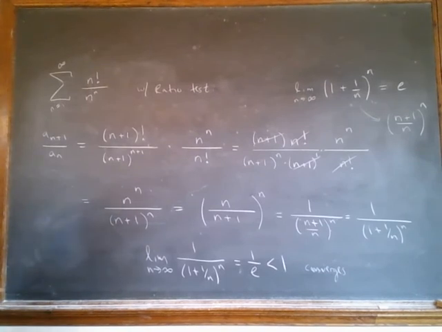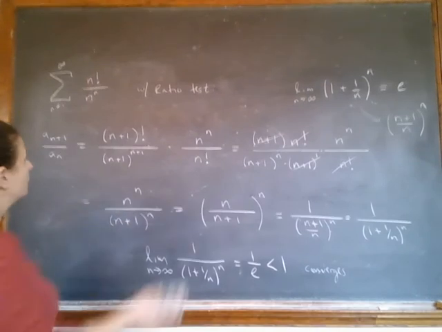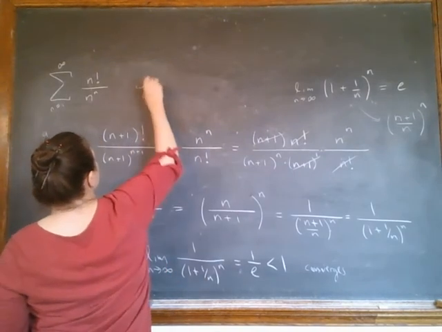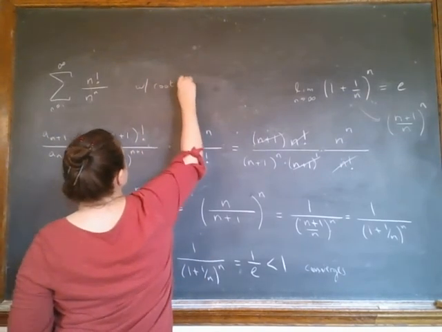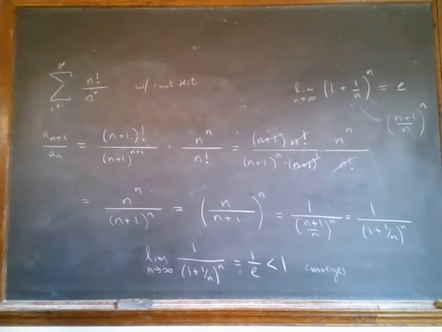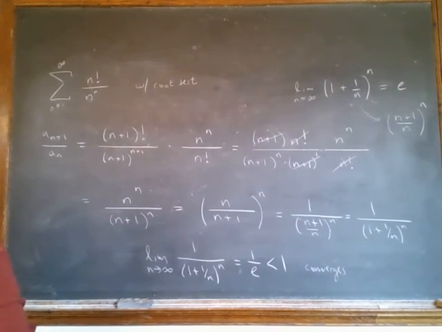Now the point of doing this example was to see what happens when we do it with the root test. I don't think that's going to go well at all. The other way went better.